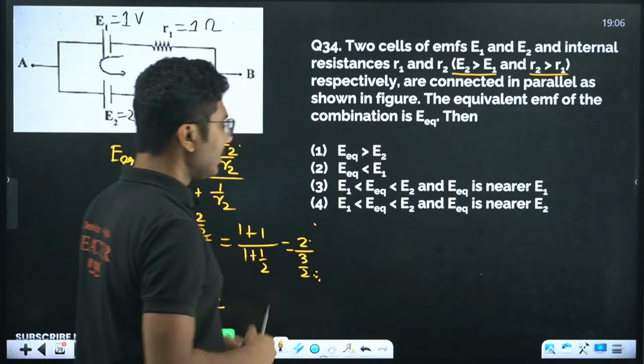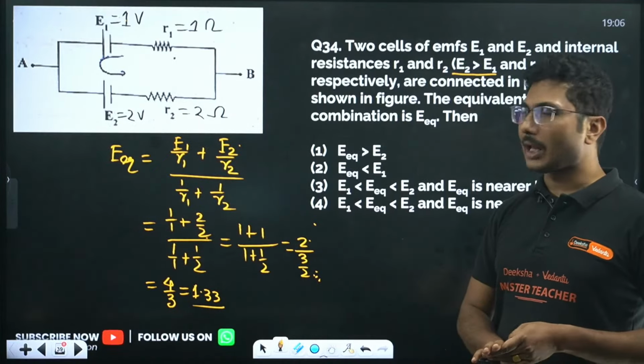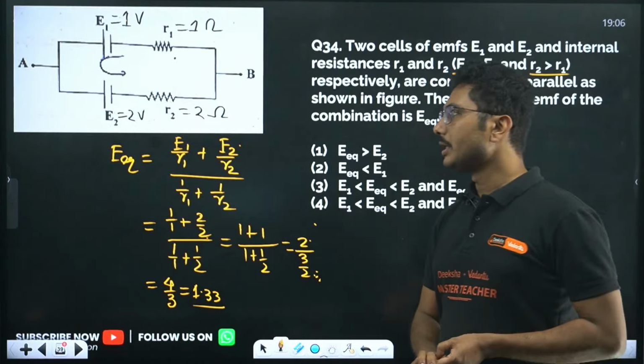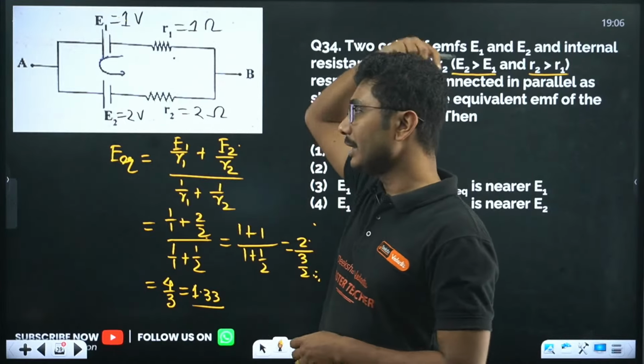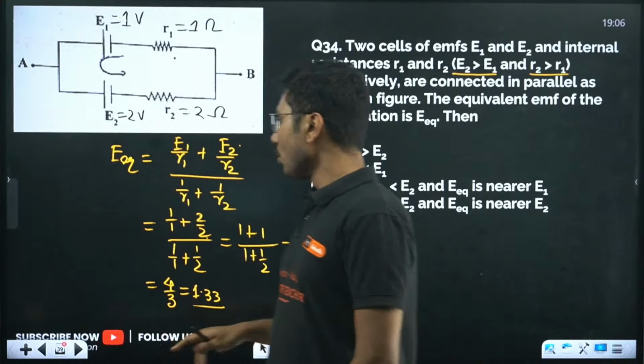So we get the value as 1.33. We are not required to calculate the equivalent resistance. Equivalent resistance can be anything.